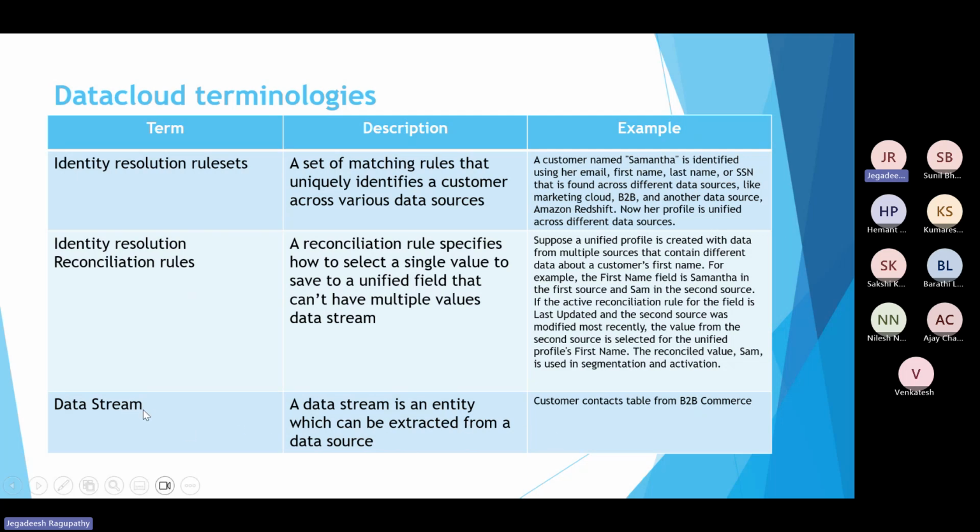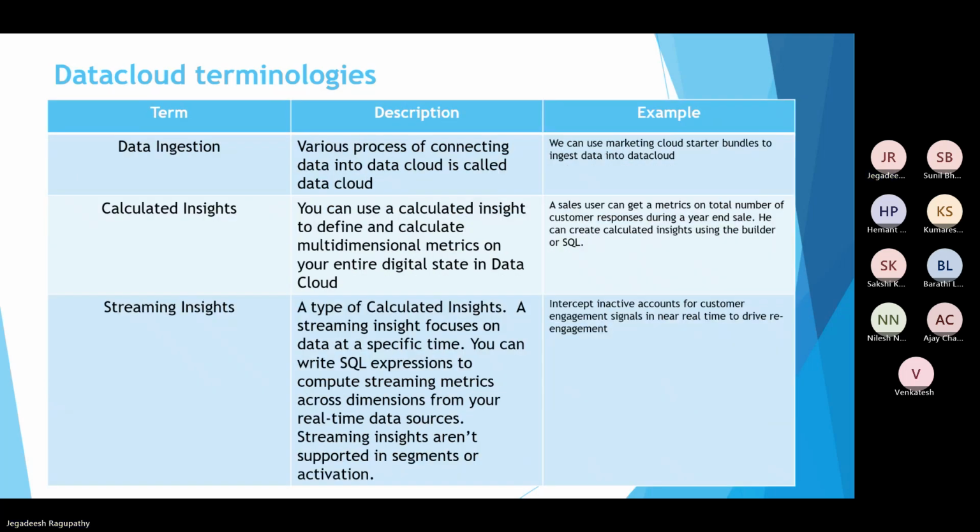We can map that particular data stream to a DMO, data model object, and create a table. That's what the data stream refers to. Okay, do you have any questions? If not, we can move to the next page.